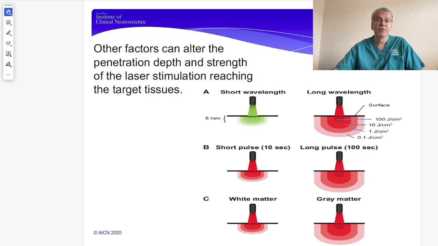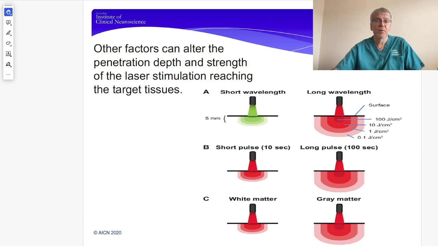Here we see that short wavelengths don't penetrate as far as long wavelengths in most cases.